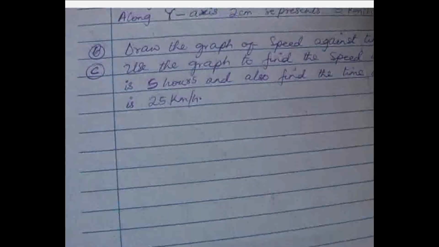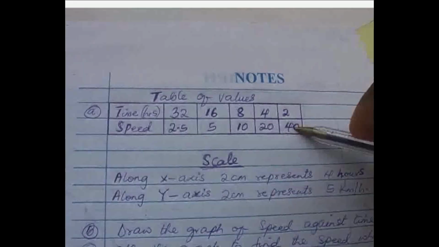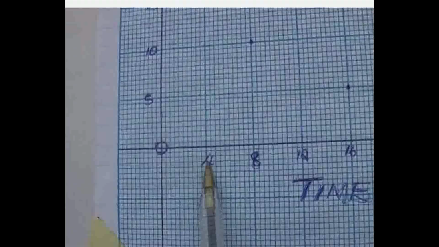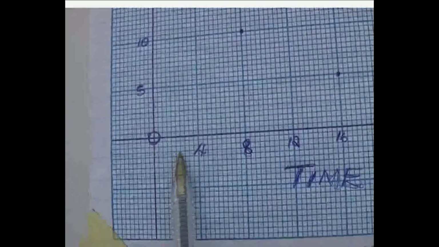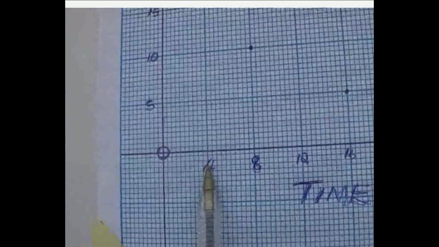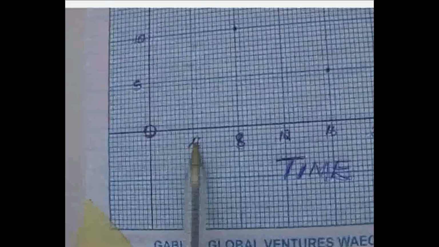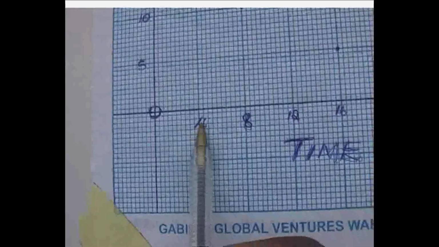The last but not the least, 2 hours against 40 kilometers per hour. If from here to here is 4, that means there are 10 small squares. Each of the small squares is going to be 4 divided by 10, and 4 divided by 10 is 0.4.